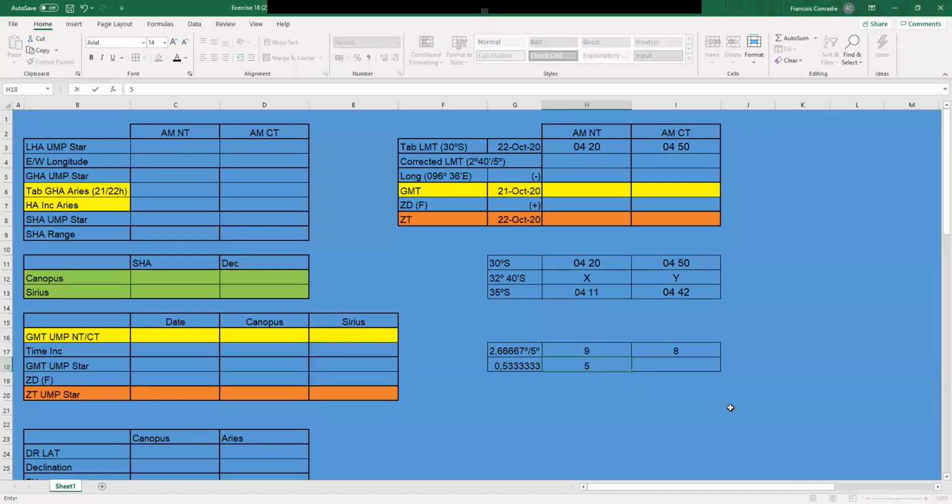We can round that up to 5, because remember, everything here is to the nearest minute. So it's fine, you can round that up to 5. And then in this case, you'll get 4. So this one's 4.26, and that you can round down to 4.